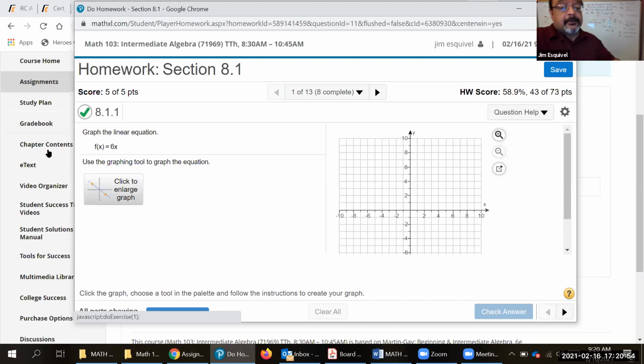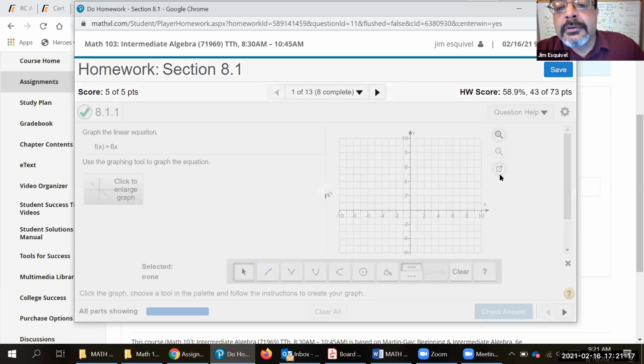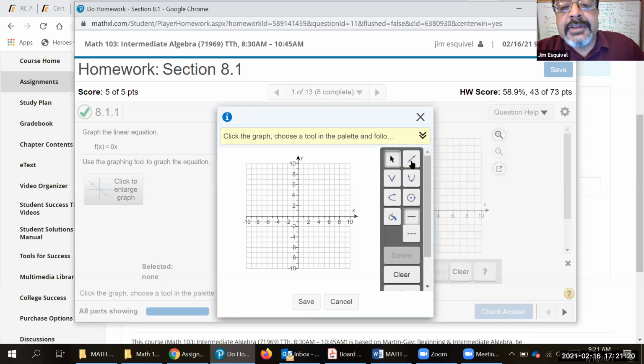So on this one, it says f of x equals just 6x. So if we match this up with y equals mx plus b, all we have is m. B is 0. Do you see why b is 0? Okay, so the line's going to go through the origin.